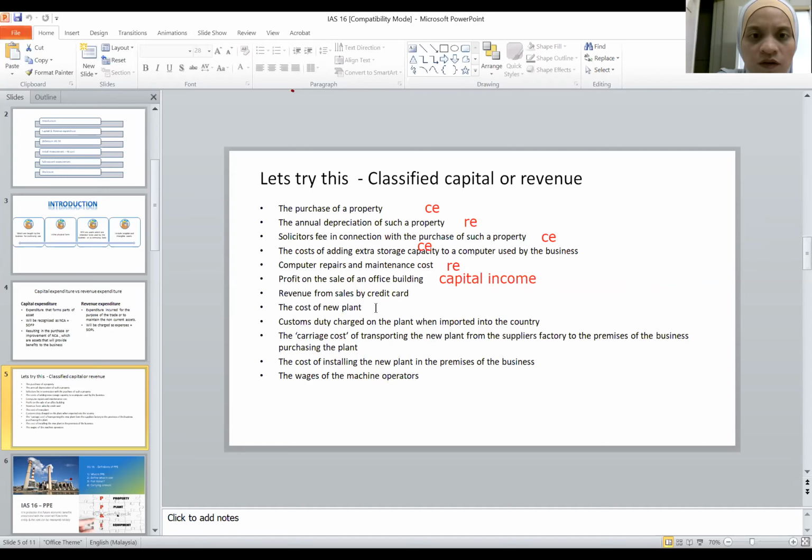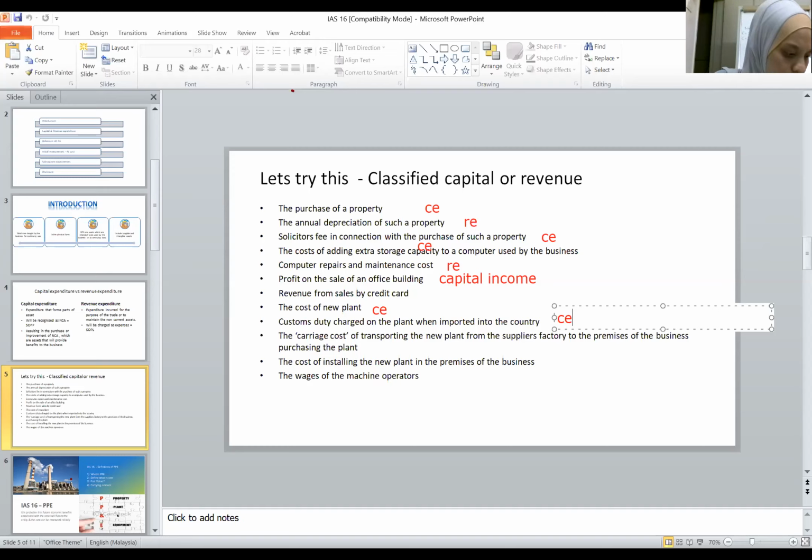Okay, the cost of new plant. This is your capital expenditure. Okay, custom duty charged on the plant when imported into the country. So this is your capital expenditure, especially when these custom duties are borne by the purchaser of your non-current asset. Kita yang kena bayar.